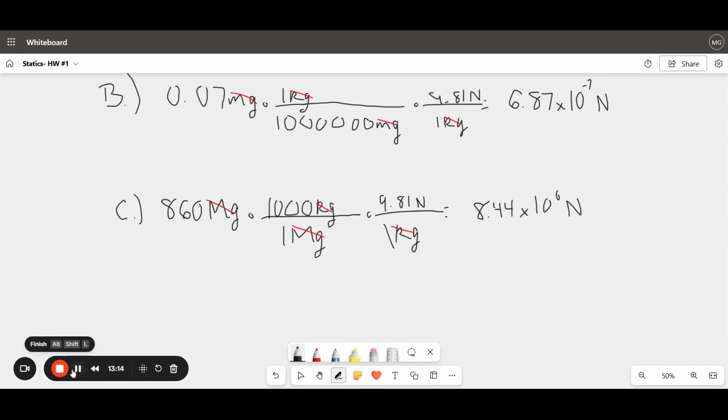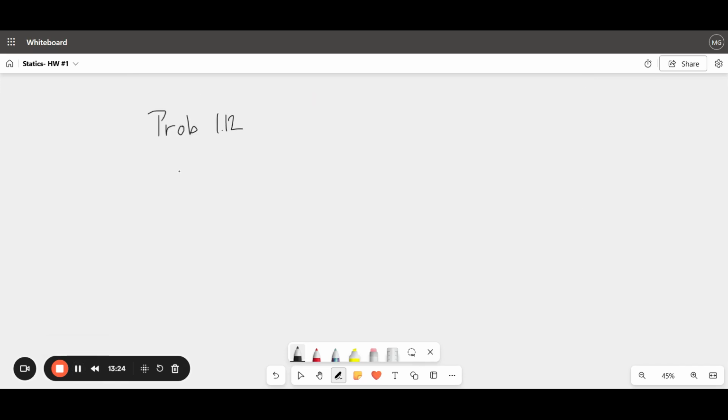And now I'm going to go into problem 1.12. Okay, so in problem 1.12, you're basically going to be going from slugs to metric units. So slugs, if you know, is basically just pounds times seconds squared over feet cubed.